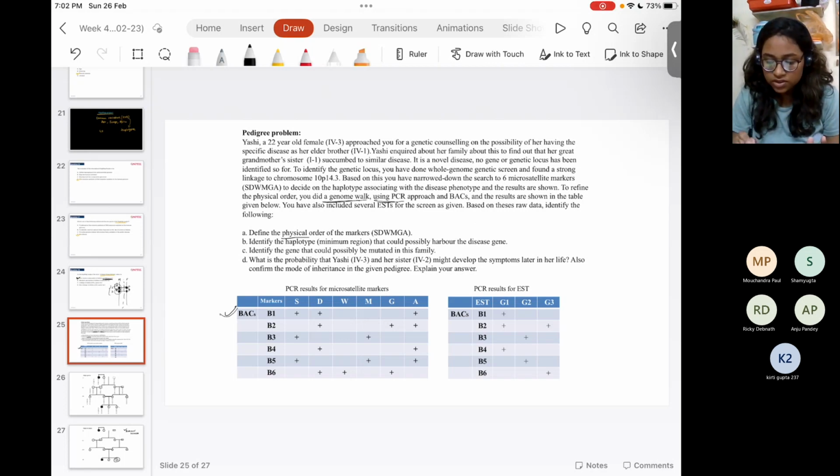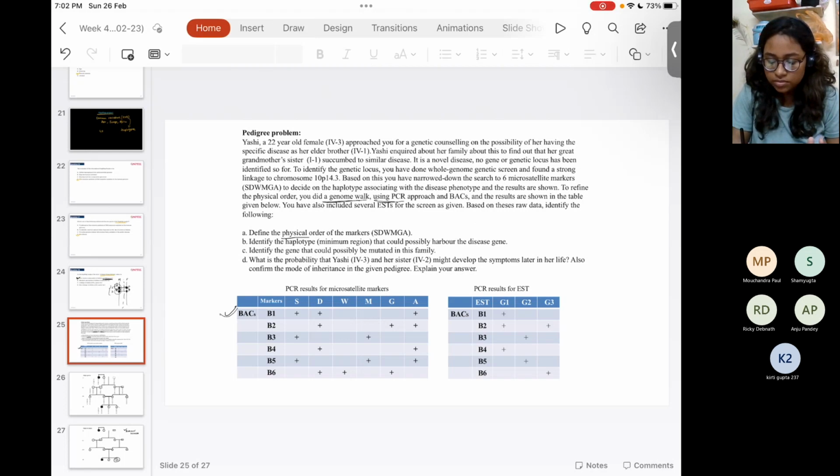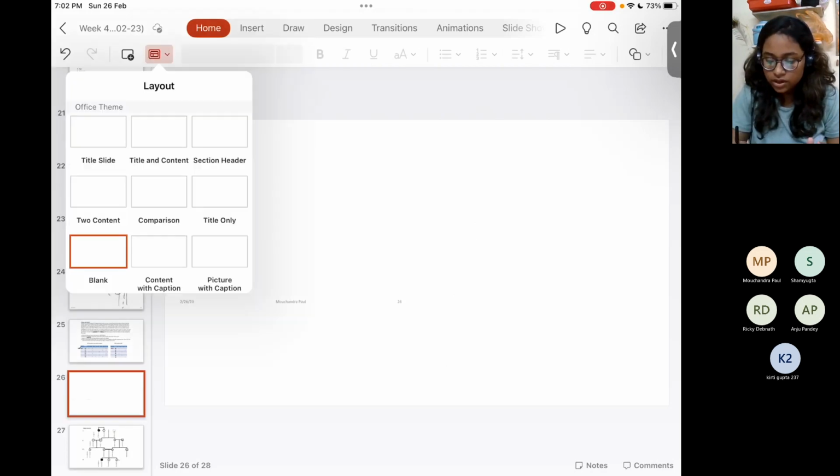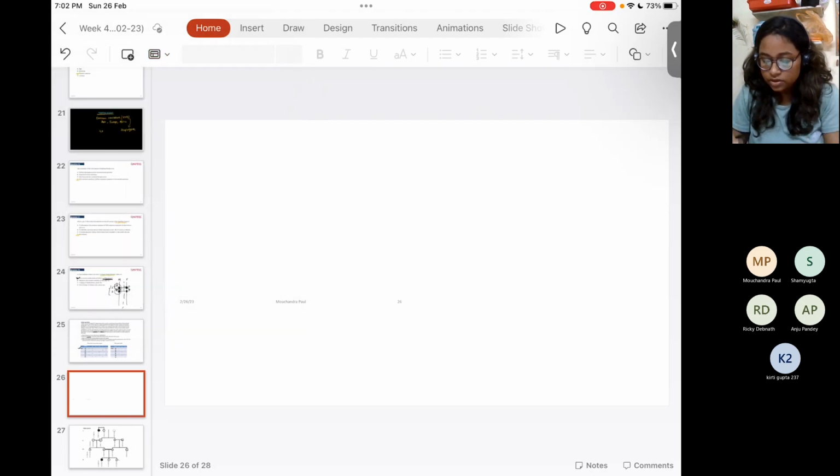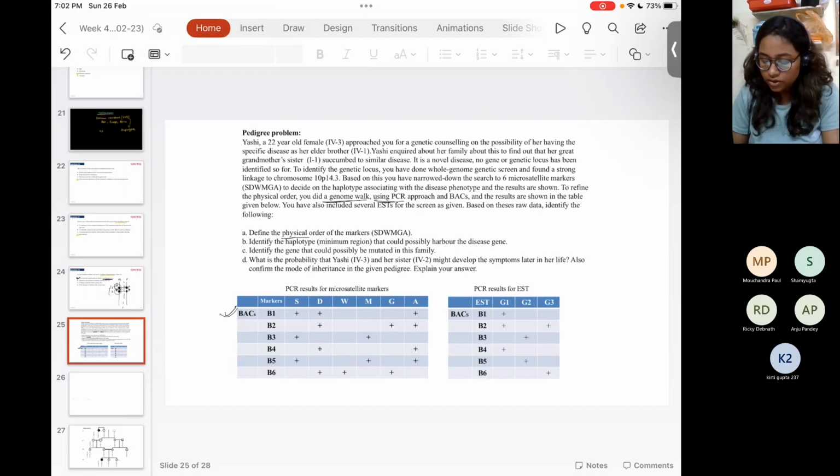So how will you solve this problem? Let me take a blank slide. Here you have been given these 6 fragments.